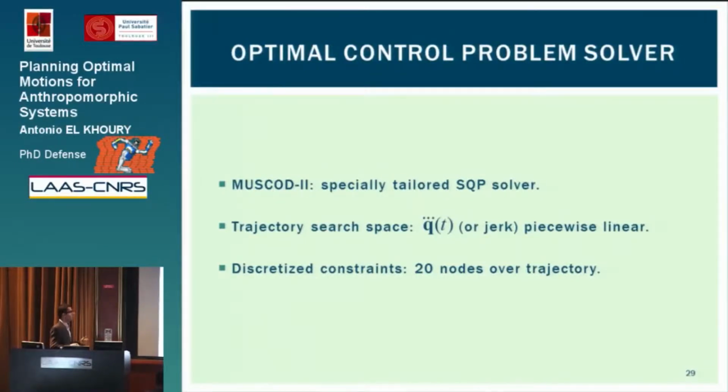So we need to find a proper discretization or parameterization for the controls in order to obtain a finite dimensional problem. To do so, we choose to represent the jerks as a continuous function that is piecewise linear over a set of 20 sub-intervals over time. Similarly, the constraints are also discretized over each of the nodes of the trajectory.